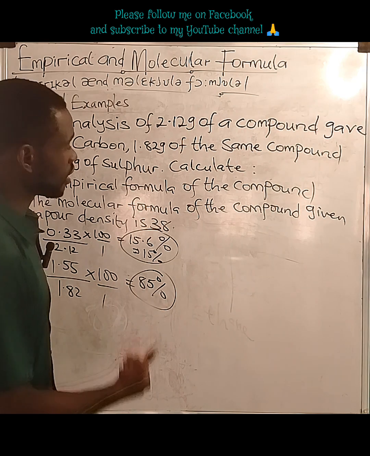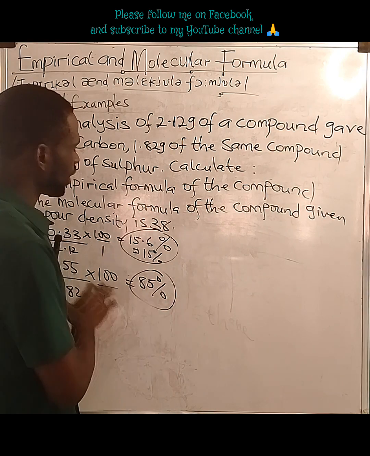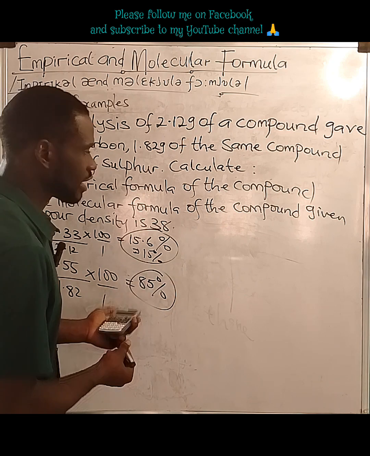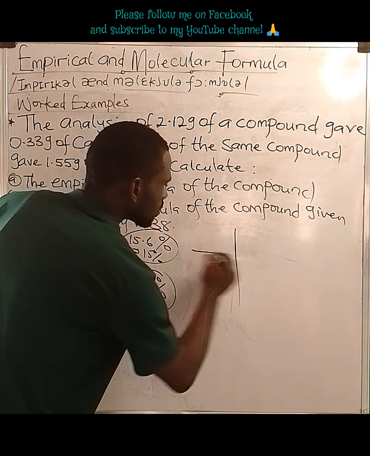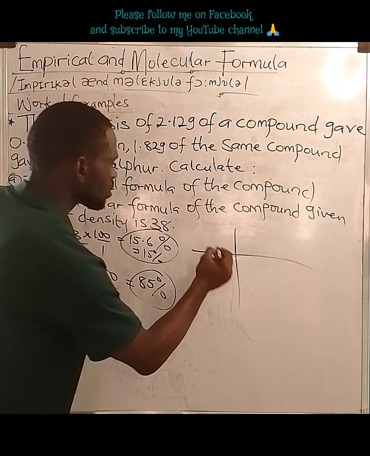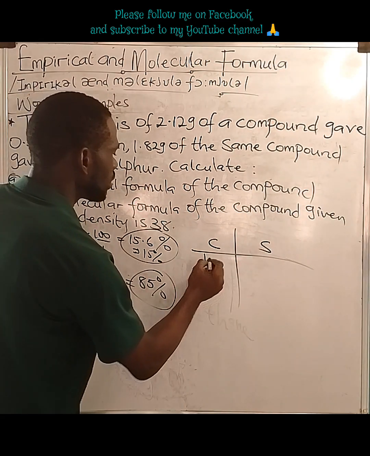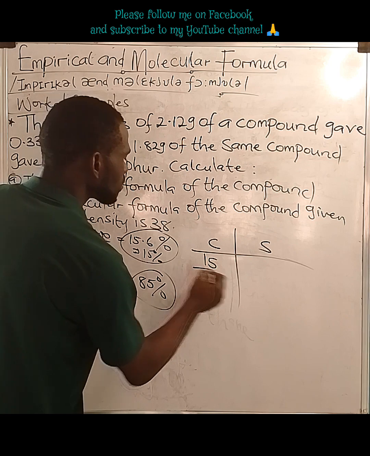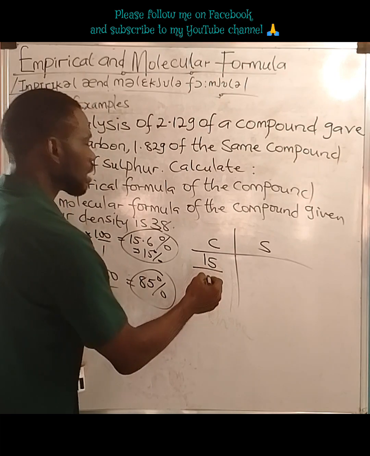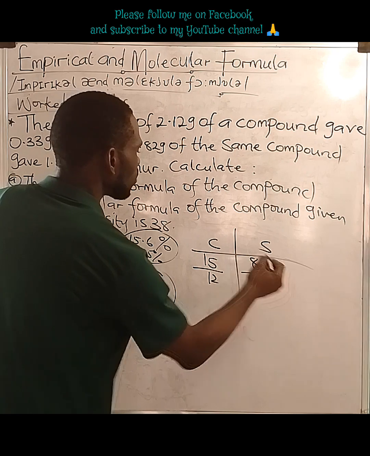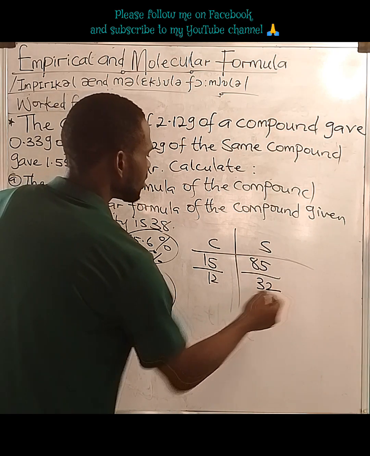Okay, the next thing you're going to do is to get the mole for each of these elements in this compound. You're going to do that using this tabular format. First carbon, next sulfur. Carbon is 15%, so 15% is more or less like 15 grams. So 15 over the atomic mass of carbon, which is 12. Then sulfur is 85% over the atomic mass, 32.